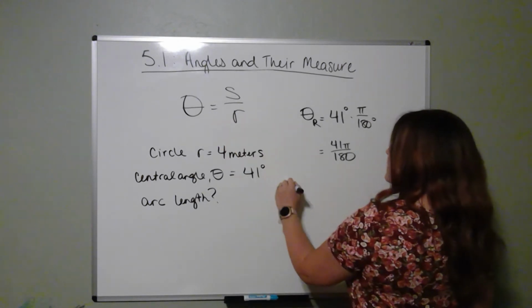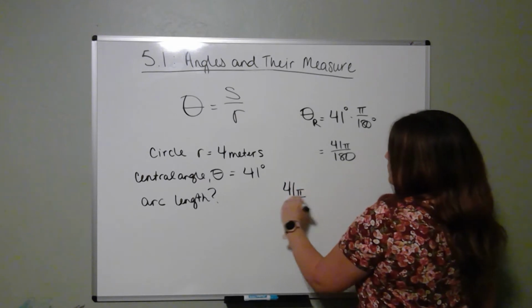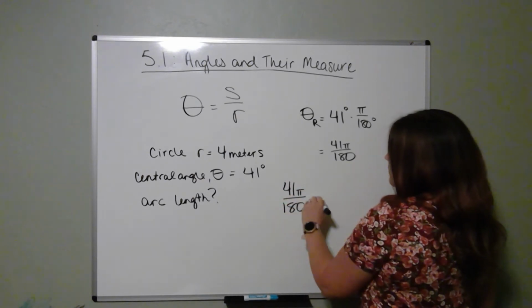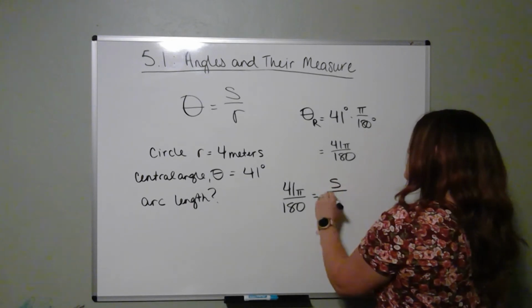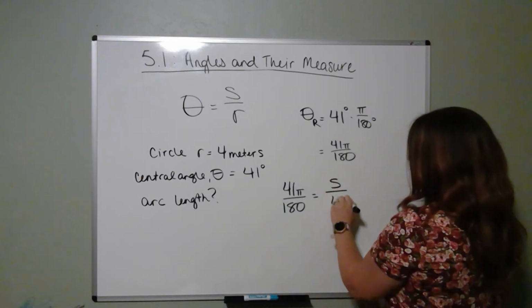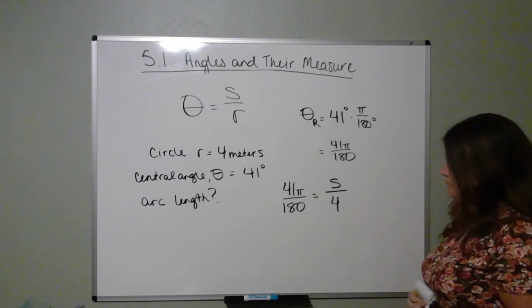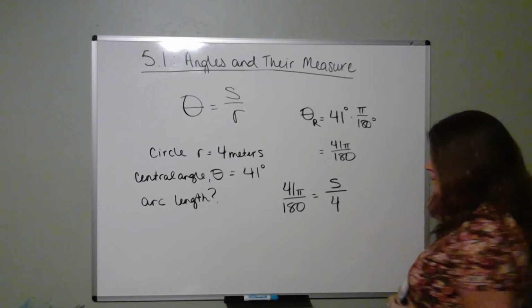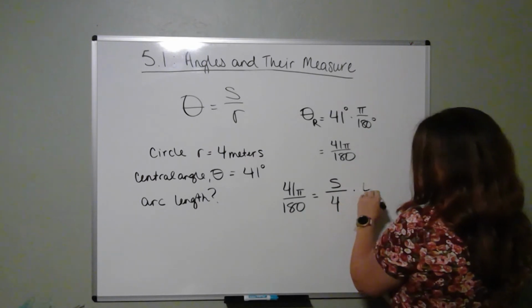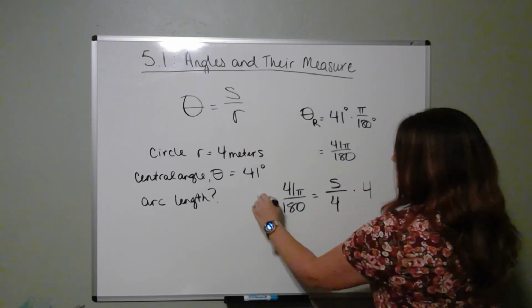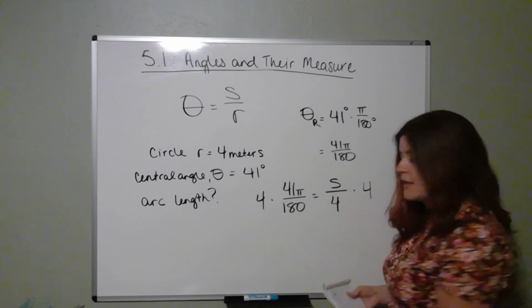So our theta is 41 pi over 180. Remember, we're looking for S, but we do know the radius is 4. I am trying to solve for S, so I need to multiply both sides by 4. That should get S by itself, right?